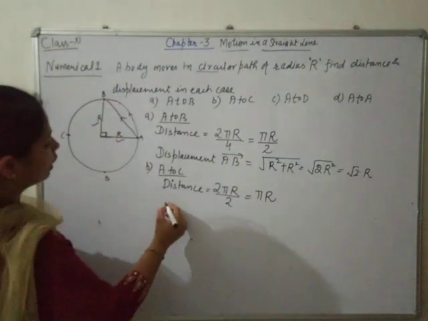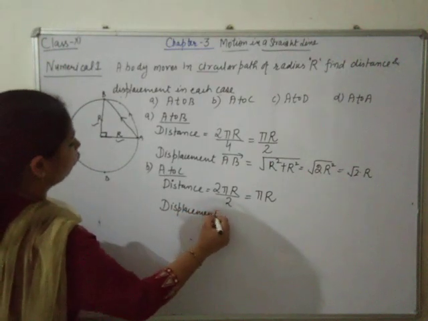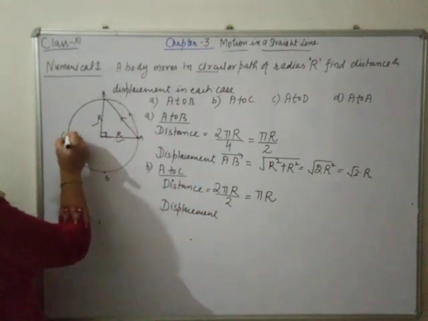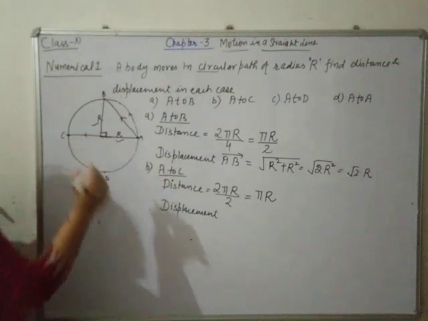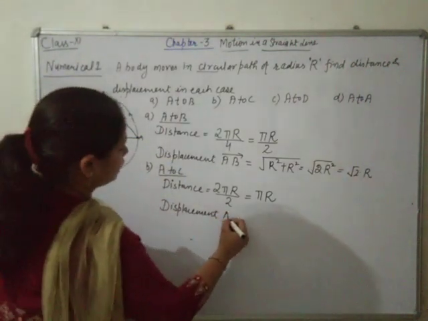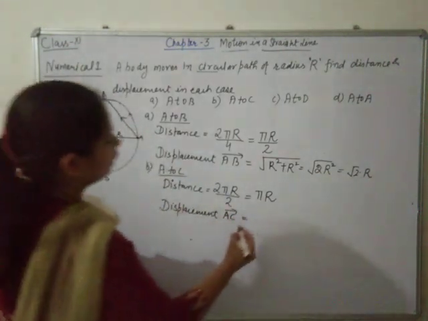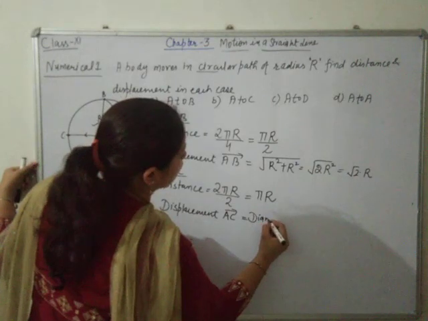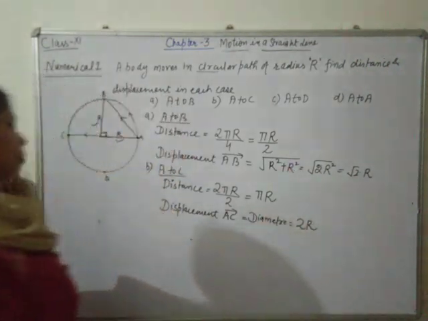Now what about displacement? Displacement is a straight line from initial point A to final point C, this one. From A to C, what will be its magnitude? It will be equal to the diameter of the circle, which is equal to twice its radius.